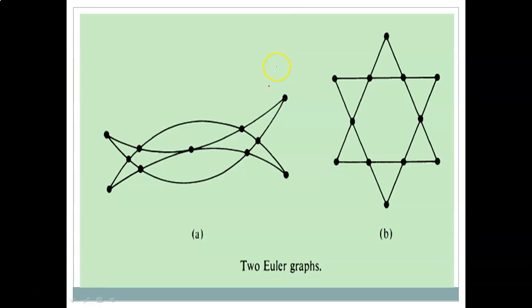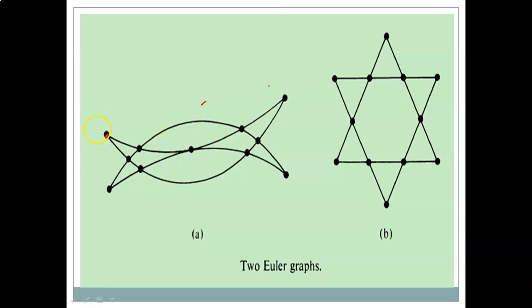Therefore these two are Euler graphs. And you can also find some Euler line in these graphs. In fact, if you start from any vertex, after traversing through all the edges exactly once, you can return back to the same vertex in some manner. So you can find the Euler line.